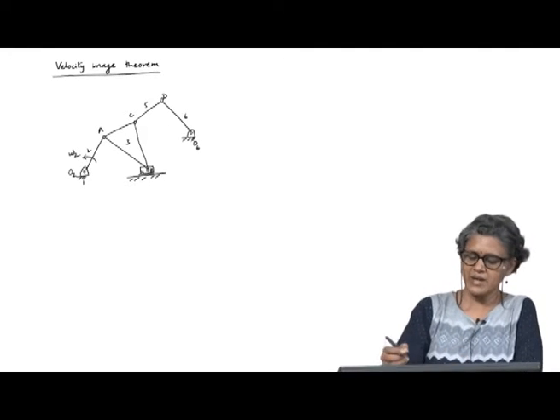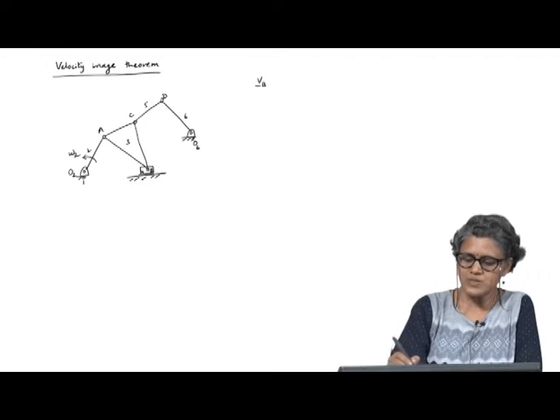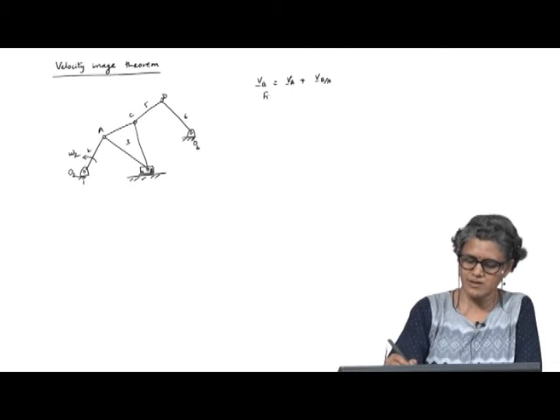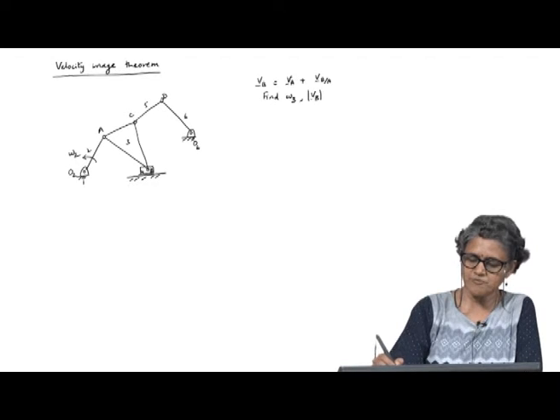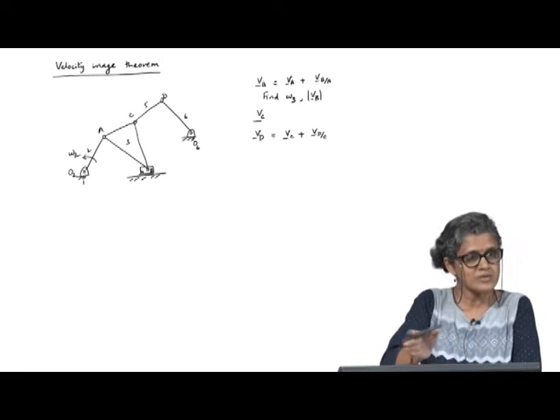So, just as I write velocity of B equals velocity of A plus velocity of B relative to A, I do that to find omega 3 and the magnitude of the velocity of B. Then after that, once I find omega 3, I will find velocity of C, then I will find velocity of D equals velocity of C plus velocity of D relative to C, okay, because each time I have to go sequentially.